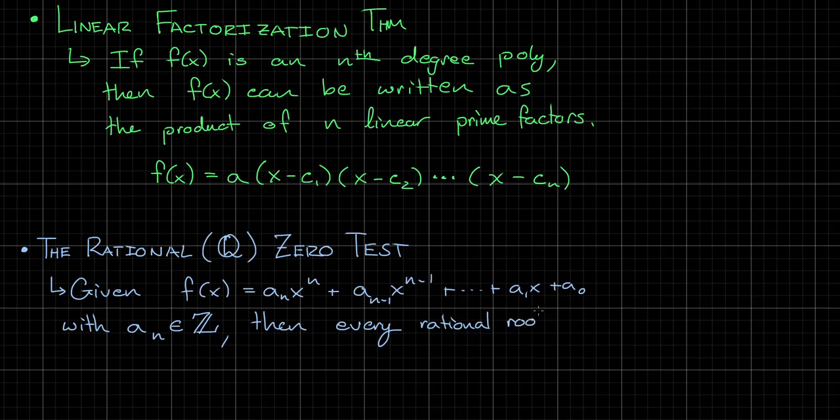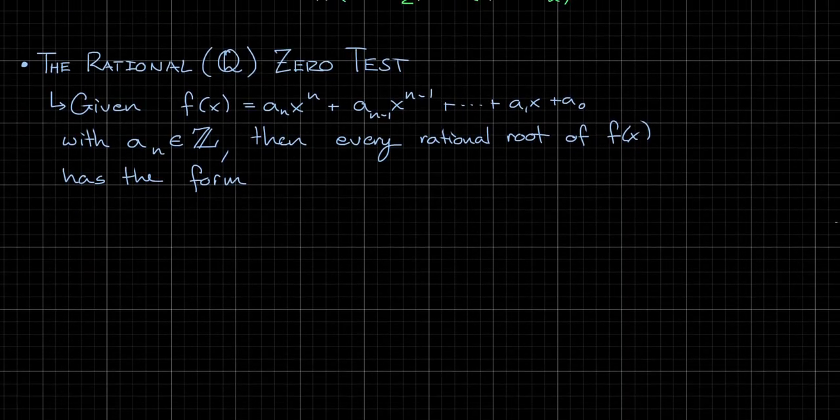Root. Every rational root of f of x has the form x equals, and you don't have to write this every time, plus or minus p over q.